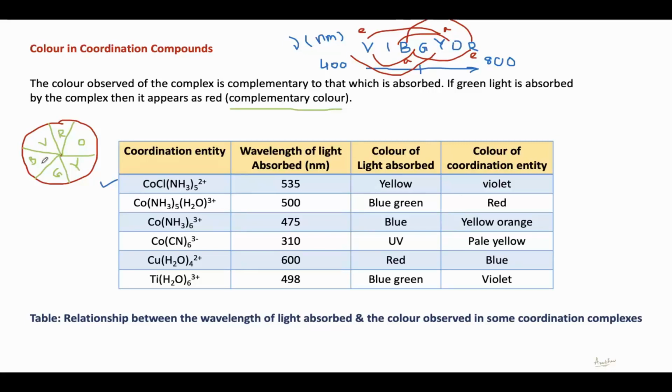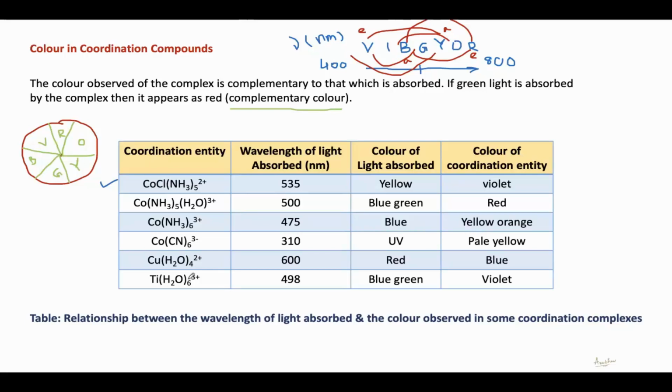So for the color that we are seeing of a complex, the opposite color's wavelength is getting absorbed by the complex. In case of red, opposite we can see the blue color is there. So depending upon the wavelength that is absorbed by the compound, we can say which color is shown by the complex.